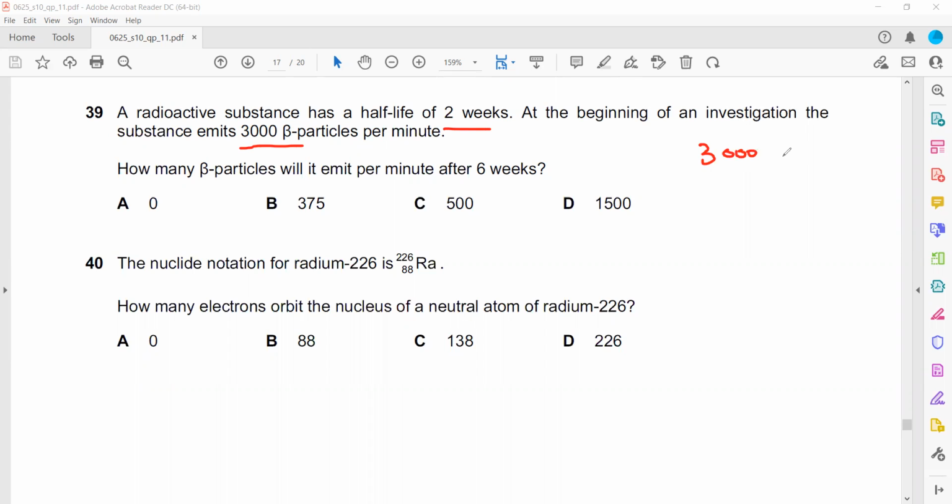So after 2 weeks, how many particles will it emit? Right now 3000, so it will be 1500. Then after another 2 weeks, that is 750.